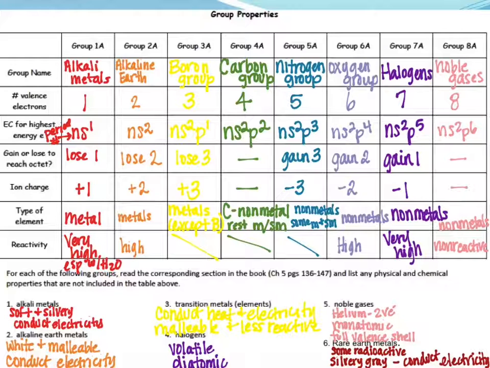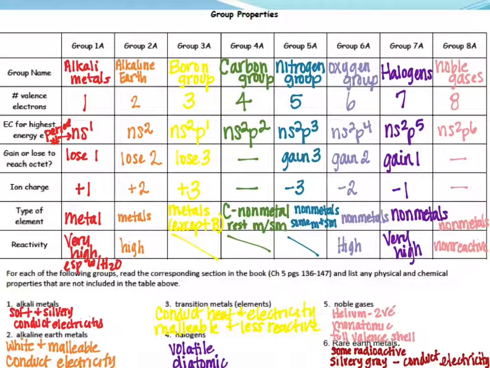If you're looking at this, you can see there's a pattern. Once we go through a row, get to group A and go down to the next period, it repeats. And then we go down to the next period and it repeats. You have the highly reactive alkaline earth metals and the highly reactive oxygen group.